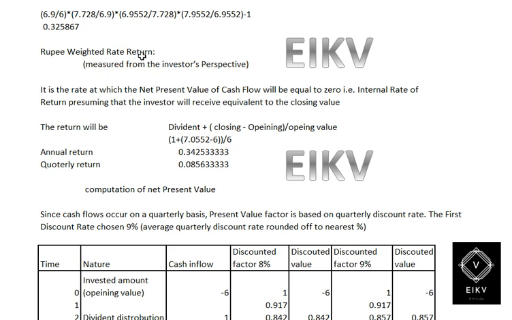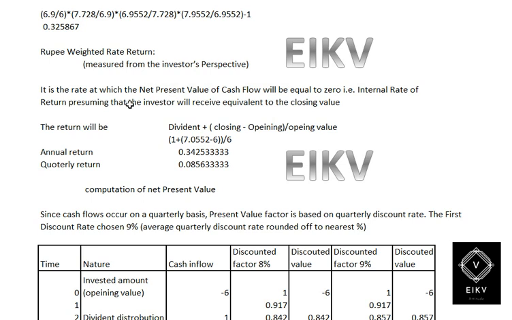Now we can compute the rupee weighted return. The rupee weighted return is also called the internal rate of return method, which is measured from the investor's perspective. It is the rate at which the net present value of the cash flows will be equal to 0.